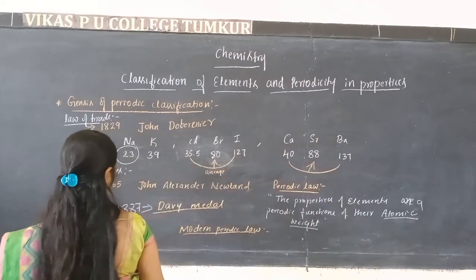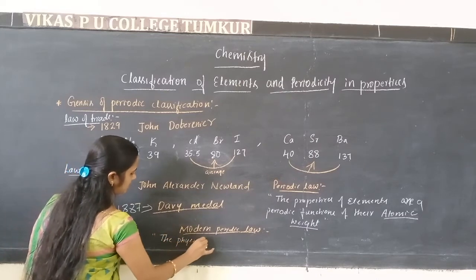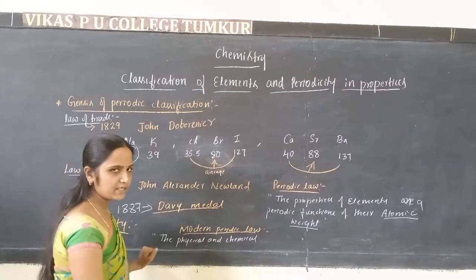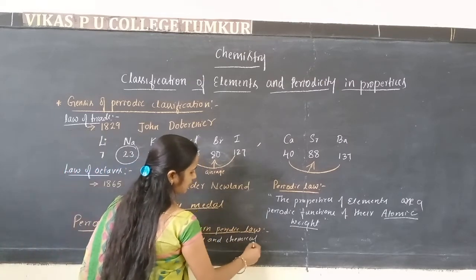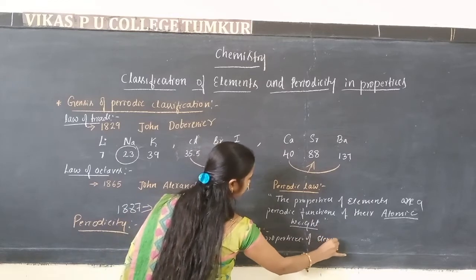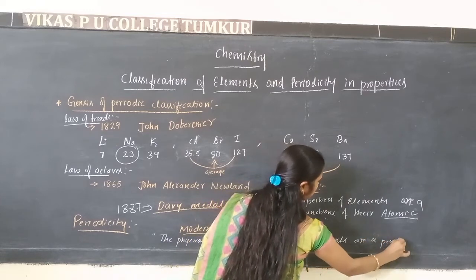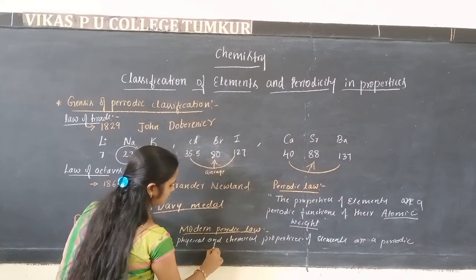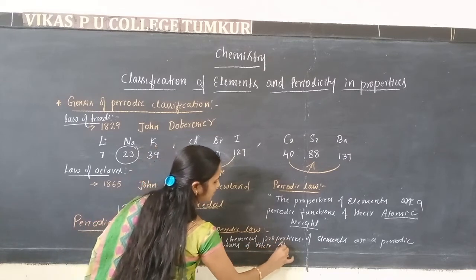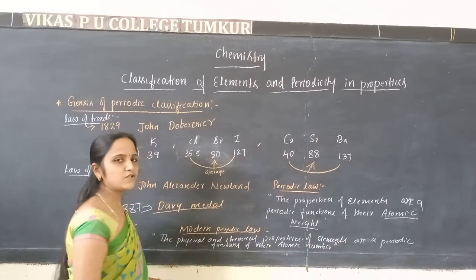The modern periodic law states that the physical and chemical properties, or in a single word the properties of elements, are a periodic function of their atomic number, because the atomic number explains almost all the properties.